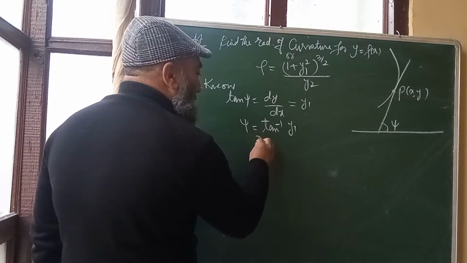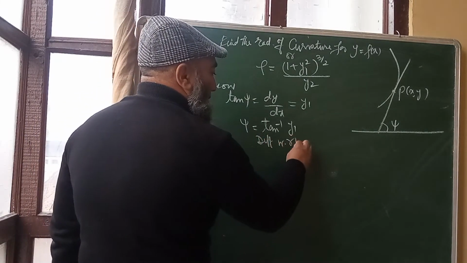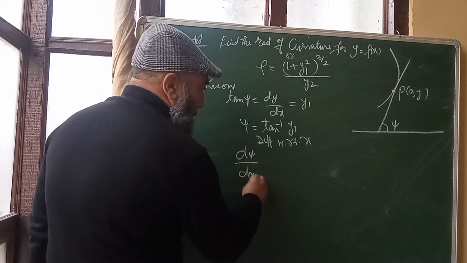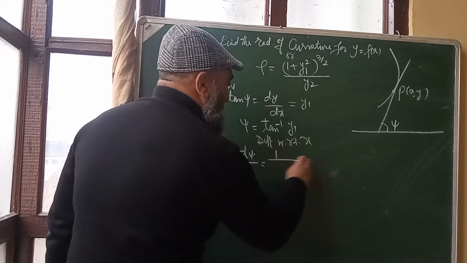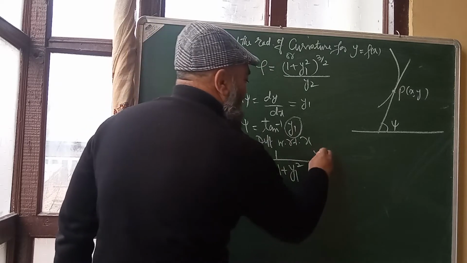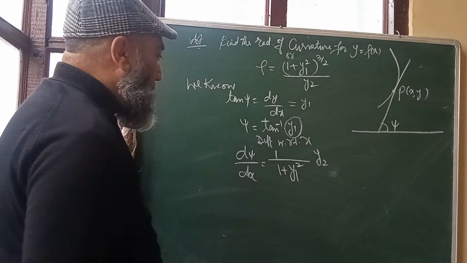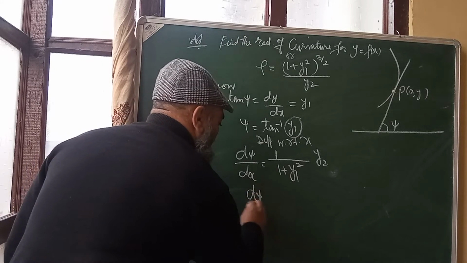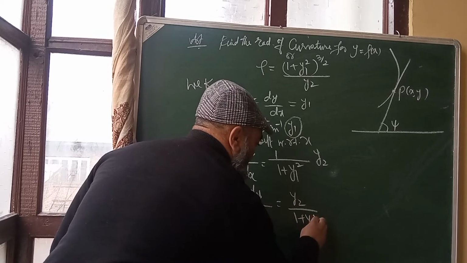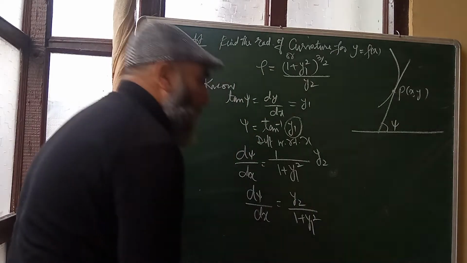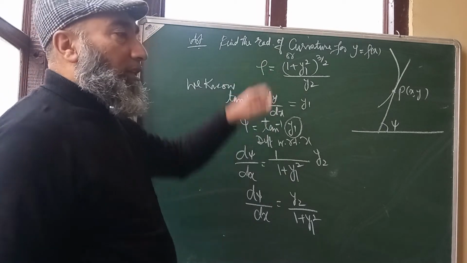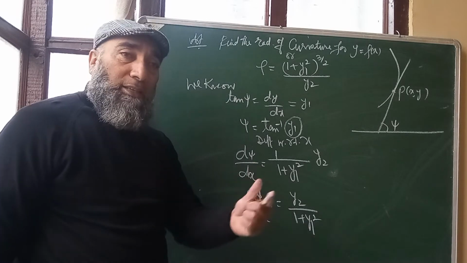Now let me differentiate this with respect to x. d psi by dx is tan inverse of function, 1 upon 1 plus function square, times derivative of the function with respect to x, that is y2. So d psi by dx is equal to y2 upon 1 plus y1 square. But what I am aiming at, I have to find rho, radius of curvature, which is in terms of s and psi.